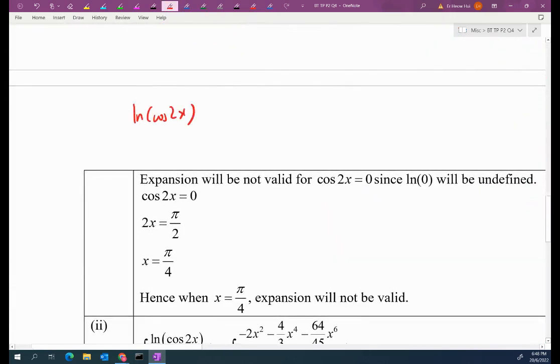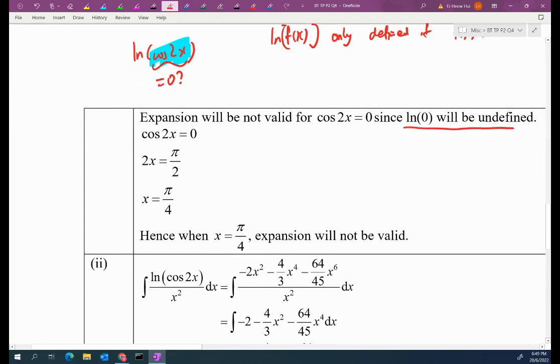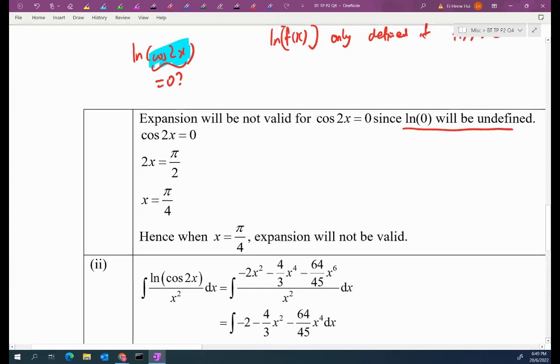Because it's a logarithm function, if we look at ln f(x), it's only defined if f(x) is positive. So for the expression not to be defined, we just need to check when this is equal to 0, because ln 0 will be undefined.